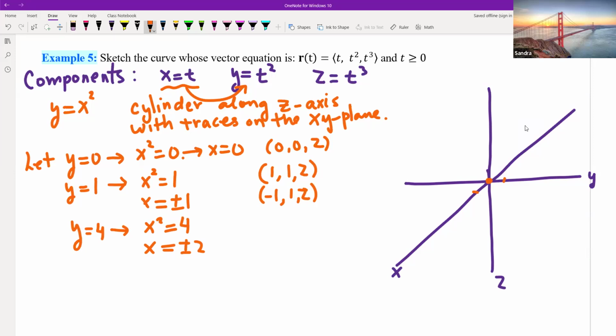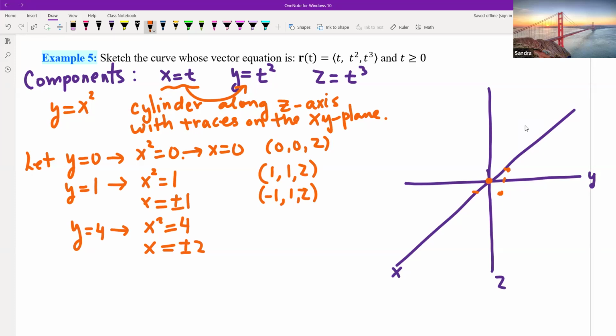If that was the case, then my point will be somewhere in here. And I can do x is negative 1 and y is 1, and so it will be somewhere over here, and z is 0.